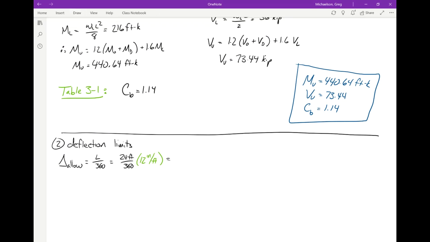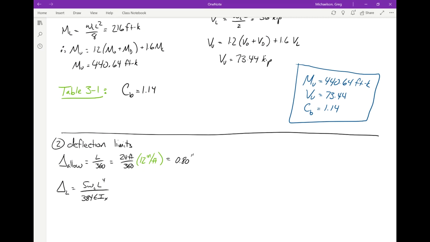And so 24 times 12 over 360 is 0.8 inches. And then what we'll do is we compare that to the live load deflection, which is 5 WL to the 4th over 384 EI. And again, if I'm going too fast on that, let me know.